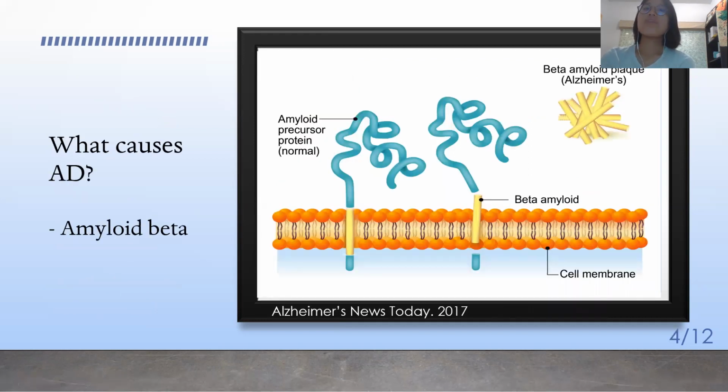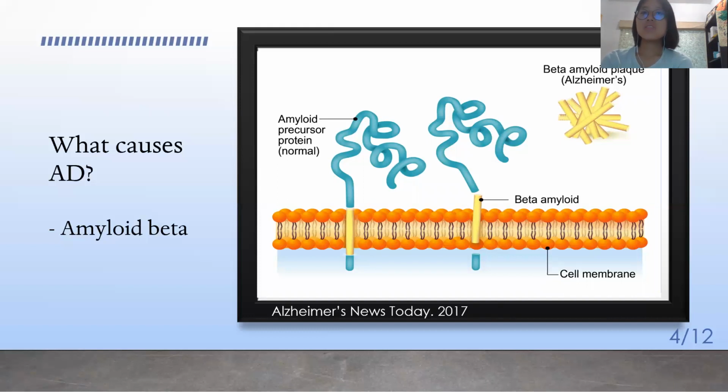There are two main factors that cause Alzheimer's. The first one is called amyloid beta. At first, there is a kind of transmembrane protein in our cells called amyloid precursor. Amyloid precursor is cleaved by beta or gamma secretase, and the residue is called amyloid beta.